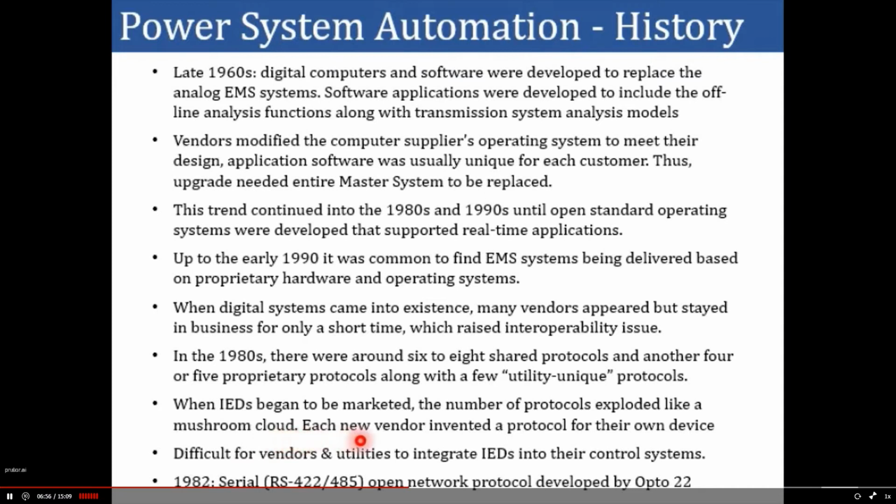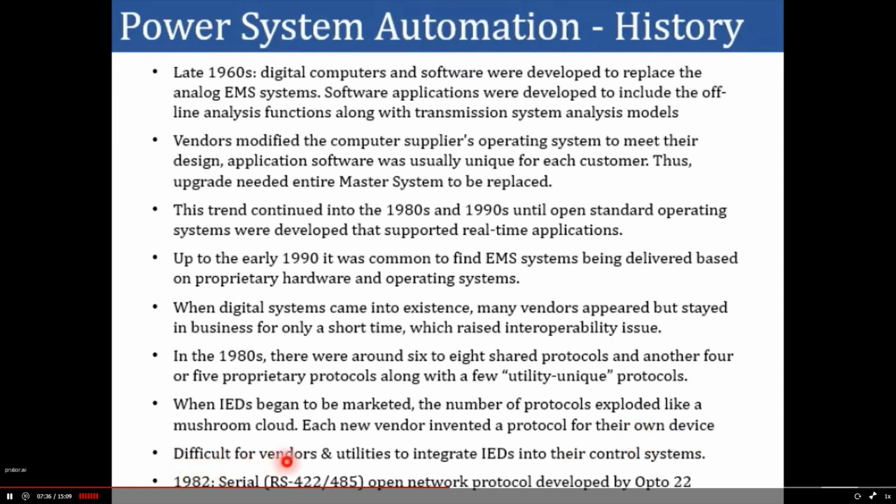Each vendor invented his own proprietary protocol to gain the market. So in the market, we had a lot of devices with proprietary protocols, and the utility companies were facing challenges in integrating all those devices in the power system network, because the devices were not capable of talking to each other if they came from different vendors. This gave a lot of pain to the utility companies to integrate the devices in the power system network.